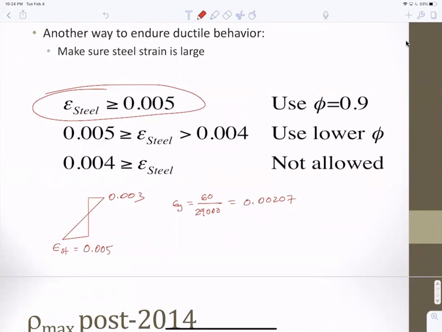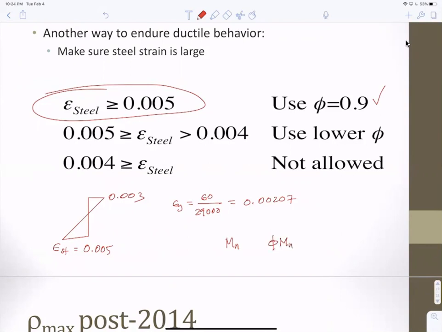It's definitely ductile. And we're going to use a strength reduction factor of 0.9. We talked about that in the beginning lectures. You calculate your moment strength, but the reliable moment strength is phi Mn. You're going to reduce it.